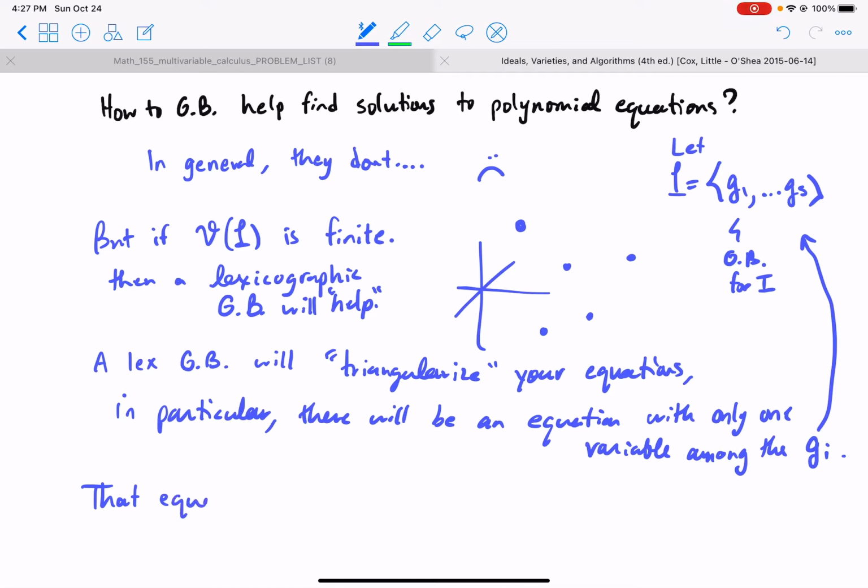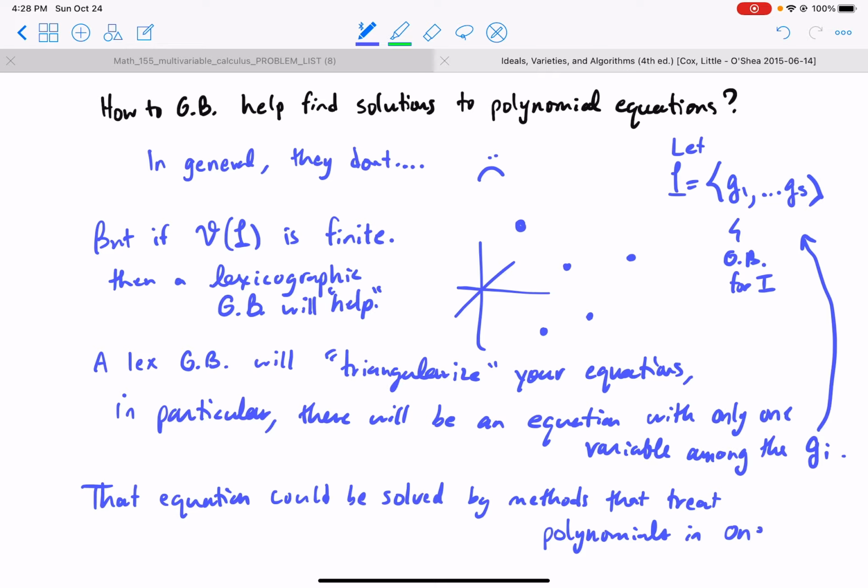That equation could be solved by methods that treat polynomials in one variable.